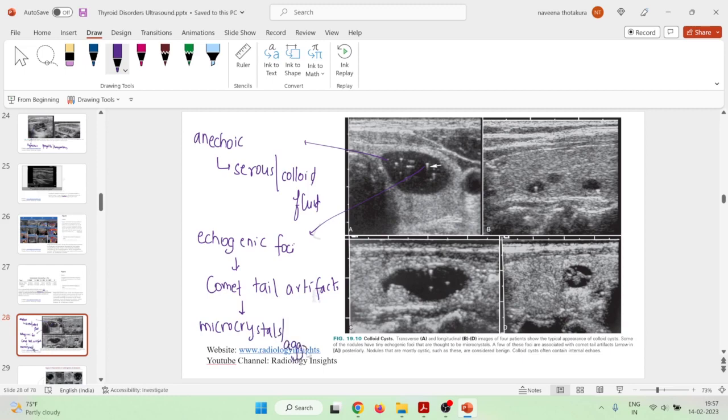That is, a group of colloid crystals might become aggregated, or combined together to form a microcrystal-like substance, resulting in these comet tail artifacts.